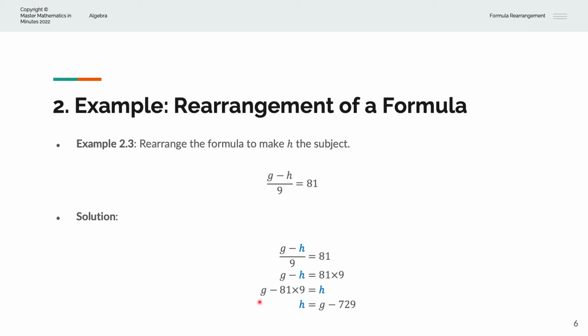And we'll keep the g on the left-hand side, and we'll bring the 81 multiplied by 9 to the left-hand side, and it becomes minus 81 multiplied by 9. And so we'll simplify this formula, and we'll rewrite h to be on the left-hand side instead. So with h is equals to g minus 729. So h is now the subject of the formula because all the other terms are on the right-hand side.